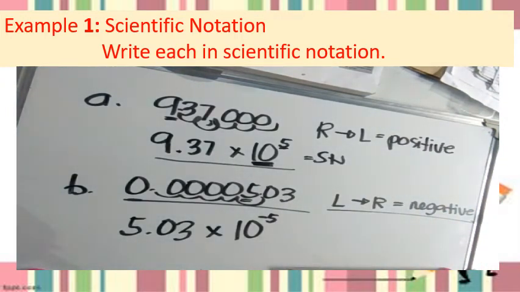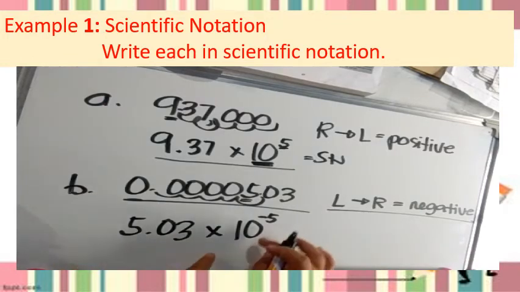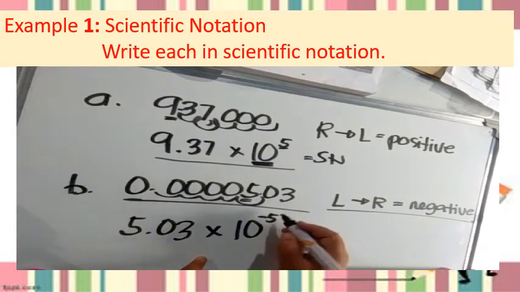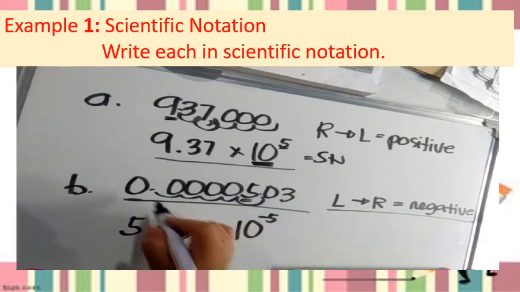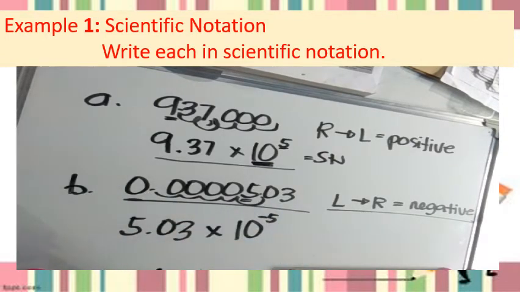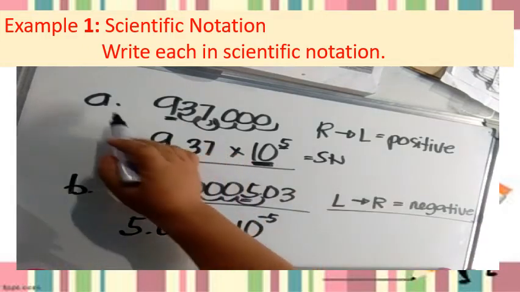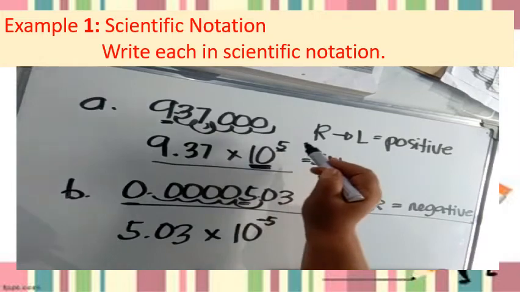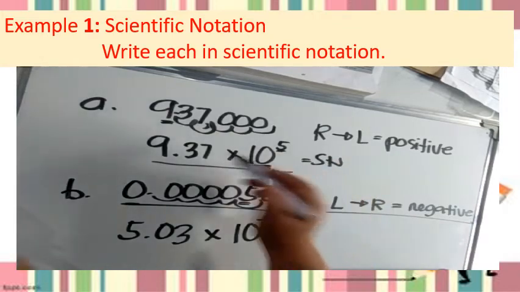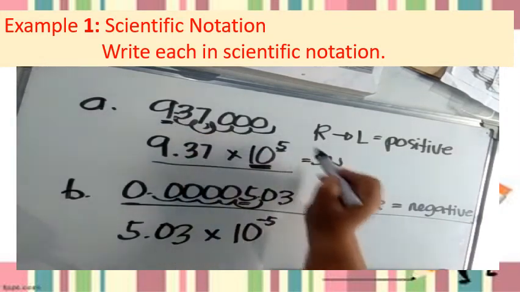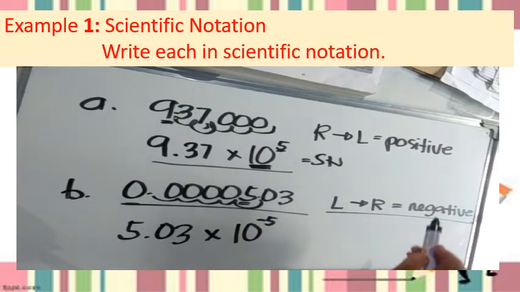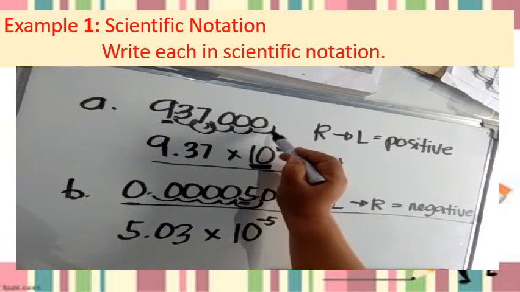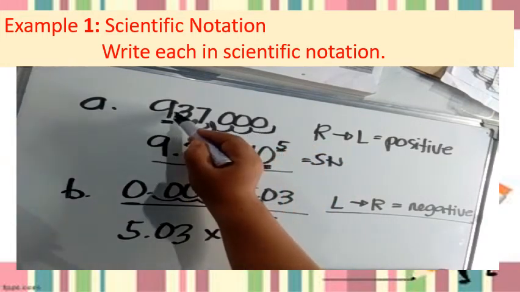Okay, did you see the difference? So, in this example, we have to the power of negative 5 because we are moving from left to right. In our first example, we have positive 5 as an exponent because we are moving from right to left.